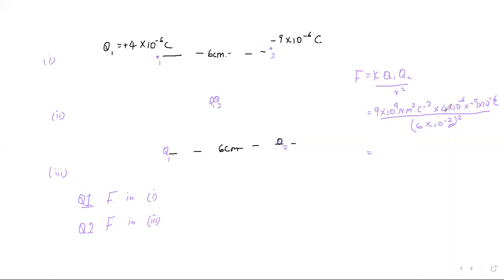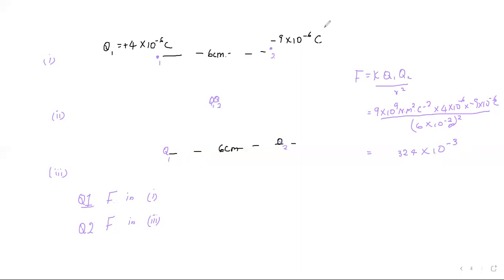9 times 9 is 81. 81 times 4. That will give us 4. 8 times 4 is 32. Times 10. Negative 6 and negative 6 is negative 12. And negative 9. That will give us negative 3.